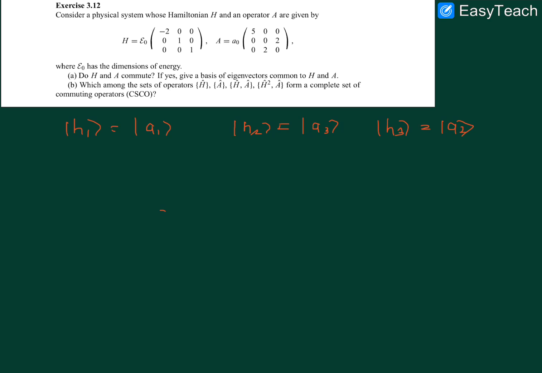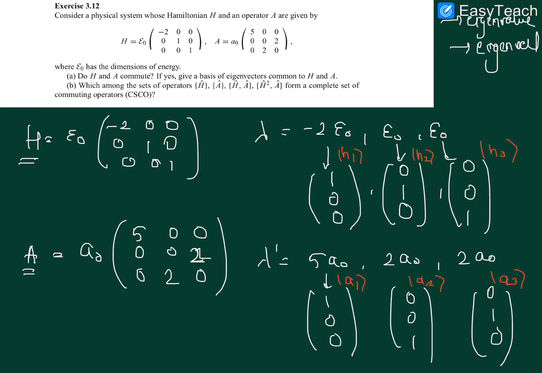So this particular question is also over. In the second part we have to see which set of operators forms the complete set of commuting operators. If we have studied the complete set of commuting operators, then in the H and A operators, their eigenvalues are degenerate.